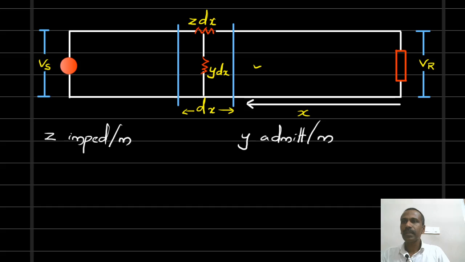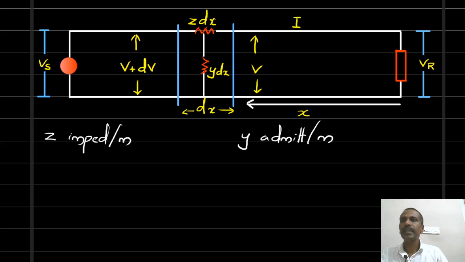Suppose the voltage at the right side of this section is V and the voltage on the left side is V plus dV. As you know, when we move leftwards, the voltage increases, and when you reach the leftmost position, we get the voltage Vs. So this dV is dropped in this part of the transmission line.